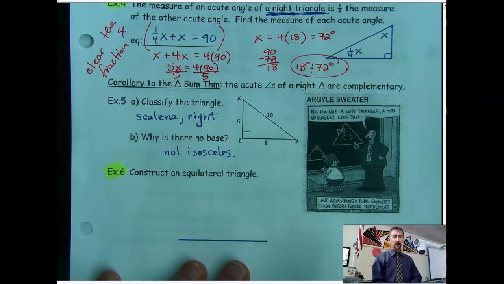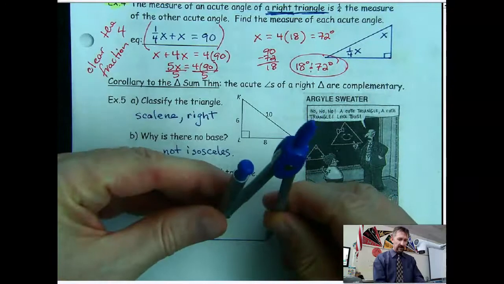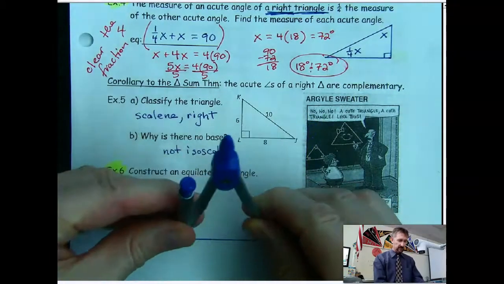Not that funny, but when you're educated, sometimes you can make a choice whether something's funny. Some people just don't get it, and they don't know whether it's funny or not. But as educated people, we can look at it and say, you know what, I know what an acute triangle is, and that's not that funny. But at least we know what the joke's about. So we can decide if it's funny or not to us. Okay.